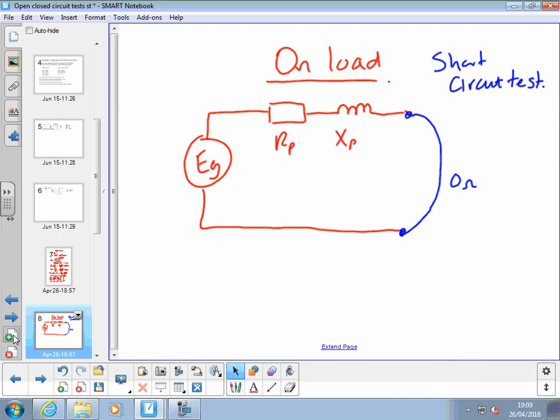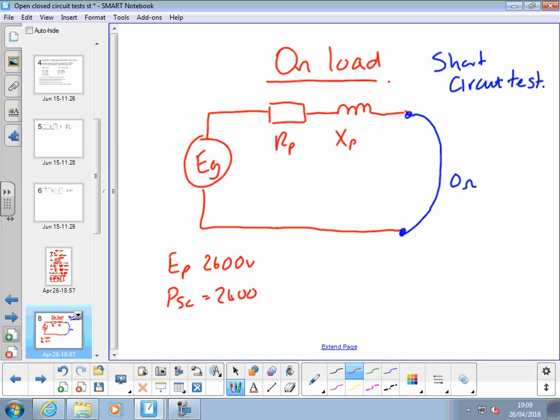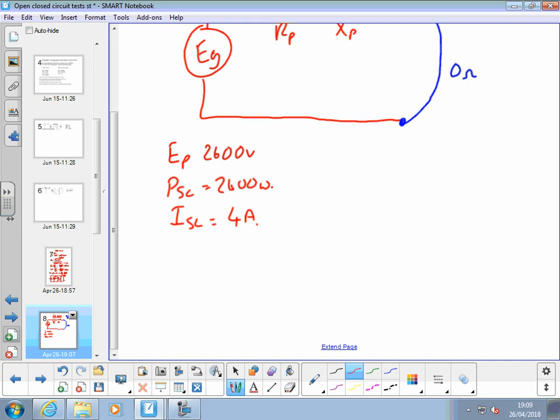And the question gave you EP 2600 volts, power short circuit 2400 watts, and I short circuit 4 amps. So what can we find on that?